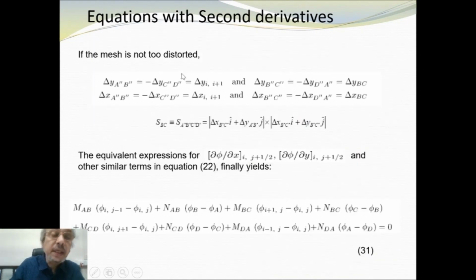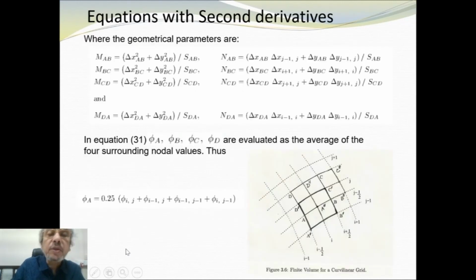You can see, as I mentioned earlier, MAB, NAB, MBC, NBC, MCD, etc. are all geometric parameters. We have written MAB, NAB, MBC, NBC, MCD, NCD, MDA, and NDA. And how they are geometrical parameters, we have understood: these are different projections of line segments on a horizontal line or on a vertical line.